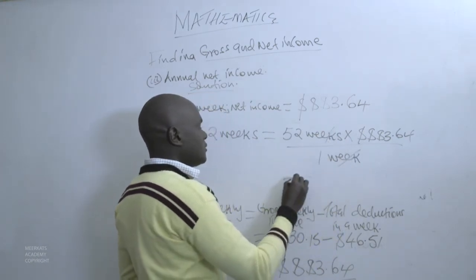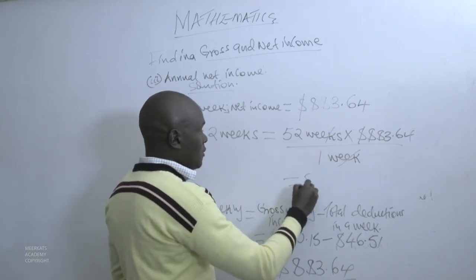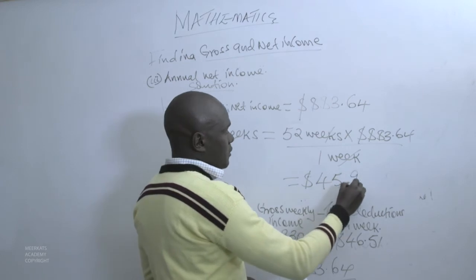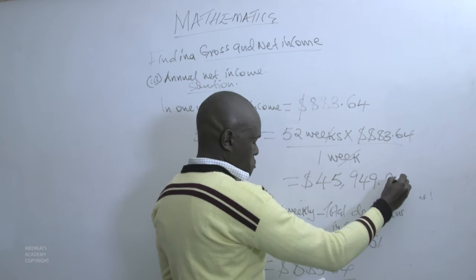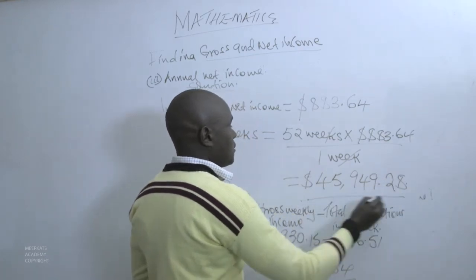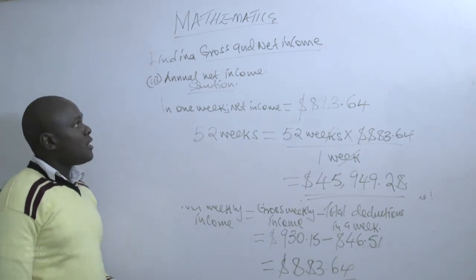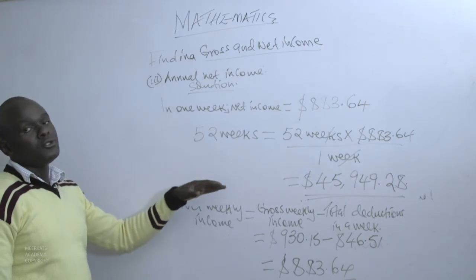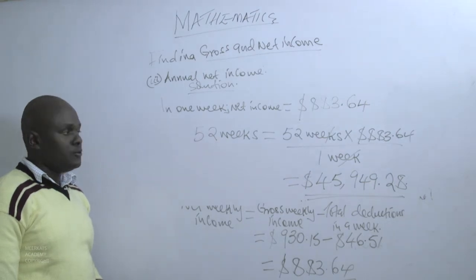Week and week will cancel, and this will actually give us $45,949.28. So Henry's net annual income, that is after the deductions, will be $45,949.28.